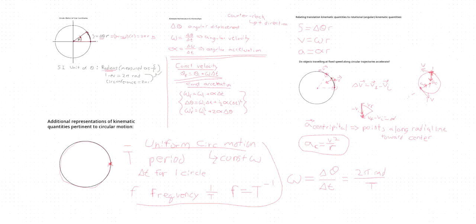Given the relationship between frequency and period, that means that this is further equal to 2 pi radians times frequency. And in both cases, my units will be radians per second.